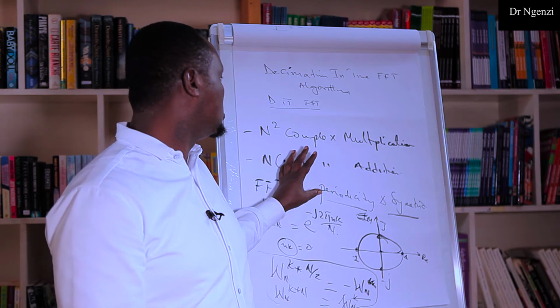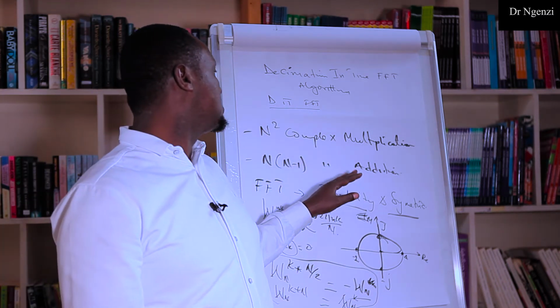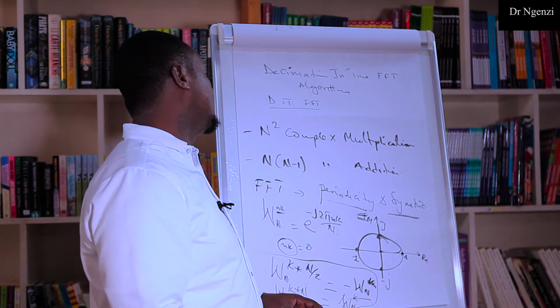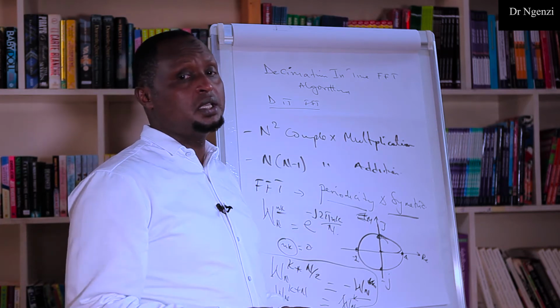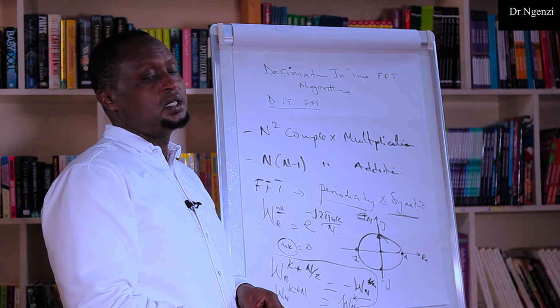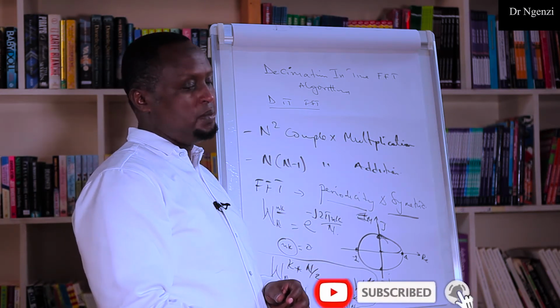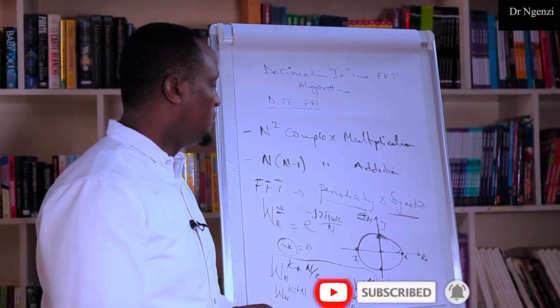We are trying to avoid the first N squared complex multiplications and the N times N minus 1, using the additional property to shift these elements. You will see its usefulness when it comes to calculating the radix, as I mentioned in my introduction: radix 2, radix 4, and so on.